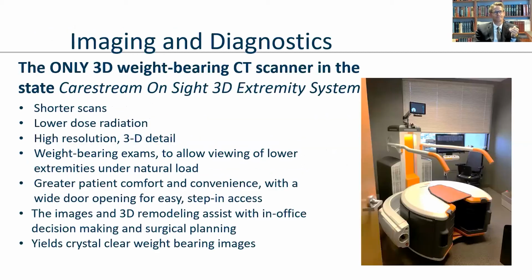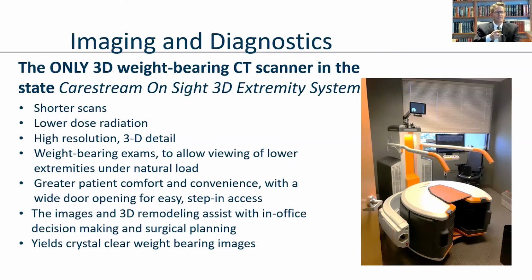So again, the 3D scanner, this is the one that we have in office in Flagstaff. So it's the only 3D scanner, and the thing that makes this unique is the weight-bearing aspect of it. For me, it's fantastic. I can get my patients to stand in the CT machine, and it actually gives me an image of what the bones are really doing at that point in time.